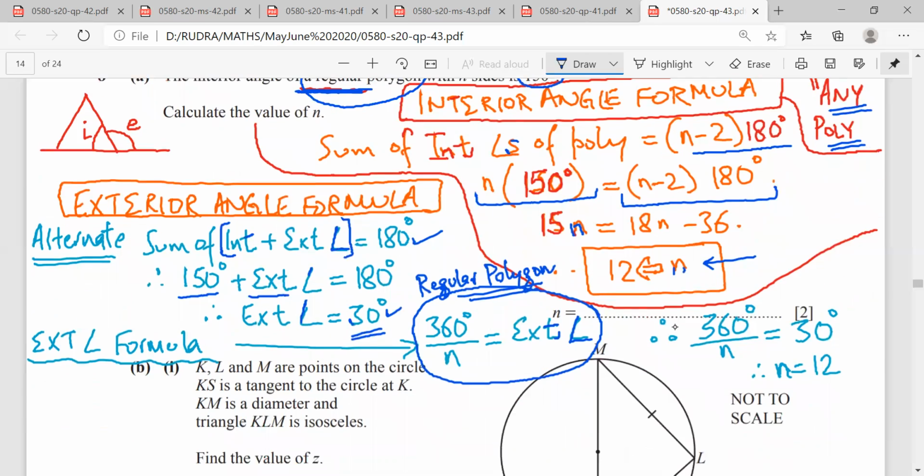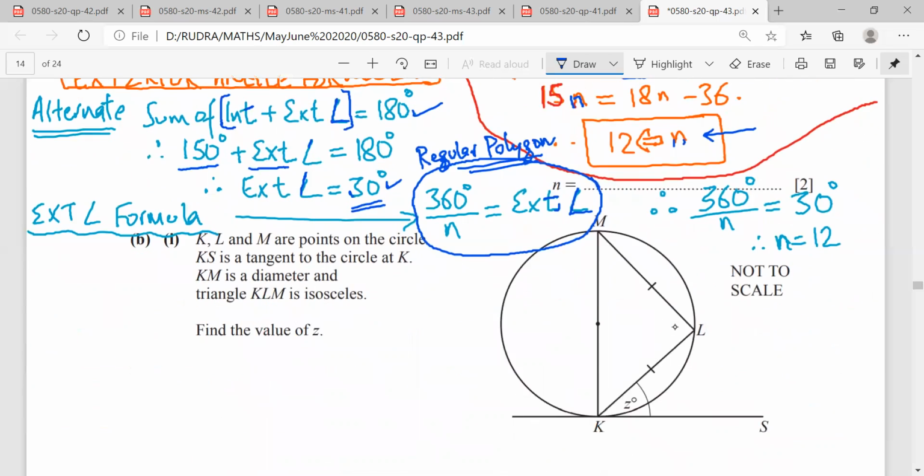Mr. Rudra, are you getting confused? No, sir. Then I use the standard regular polygon exterior angle formula: 360 degrees by n is equal to each exterior angle. Therefore, 360 degrees by n is equal to 30 degrees, and I get the value of n to be 12, which is the same as I got here. Any doubt? No, sir.